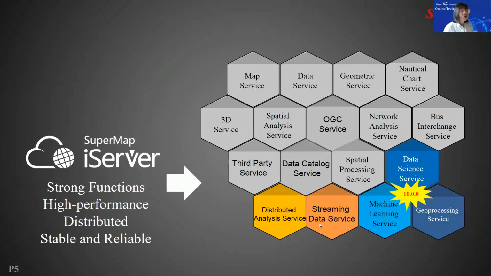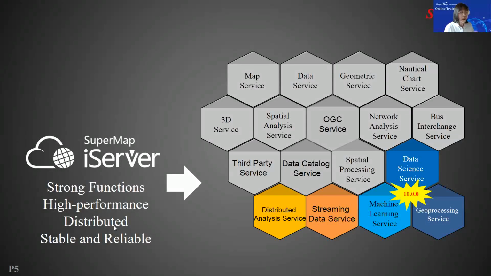And due to big data management requirements, we can also publish distributed analysis services and streaming data services. In the 10i product, we added machine learning services and data science services for AI functions.